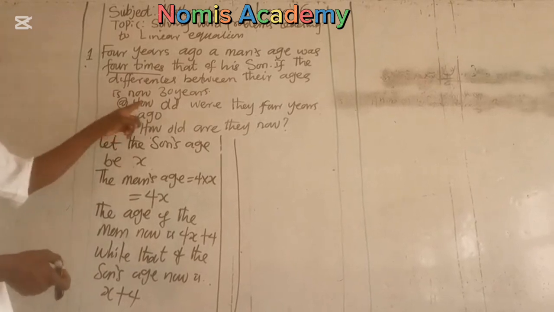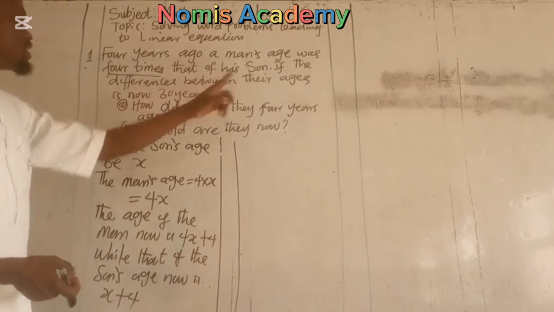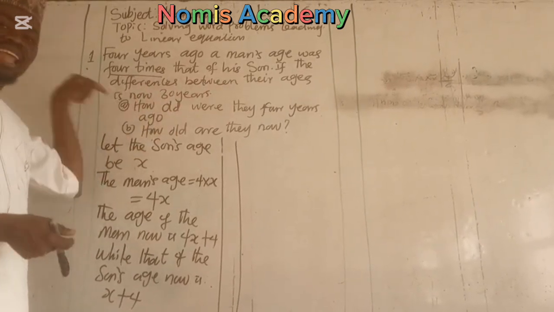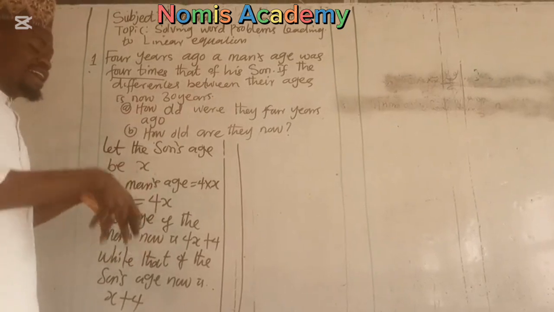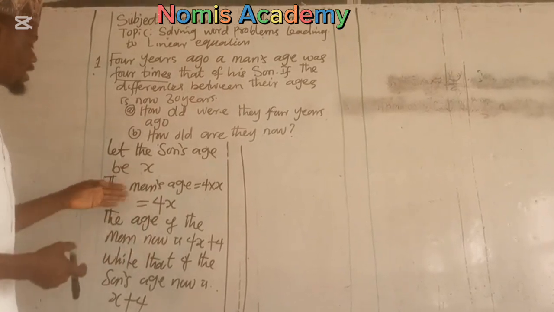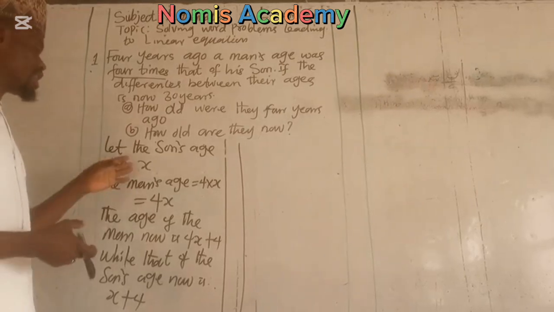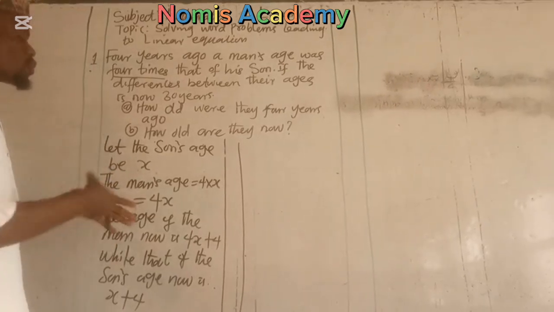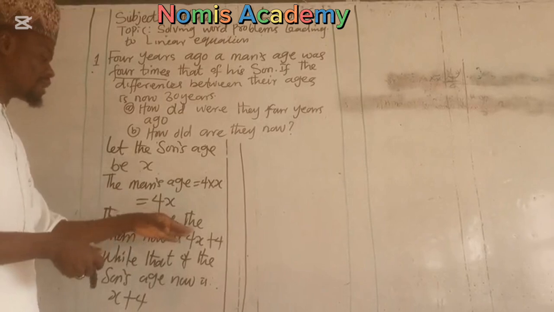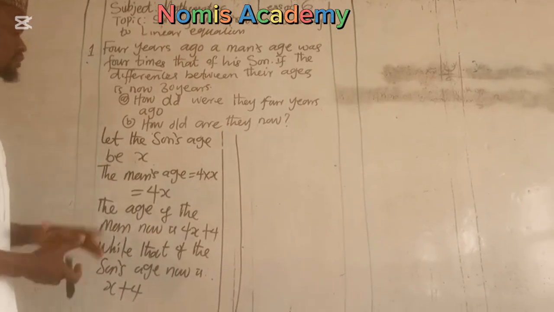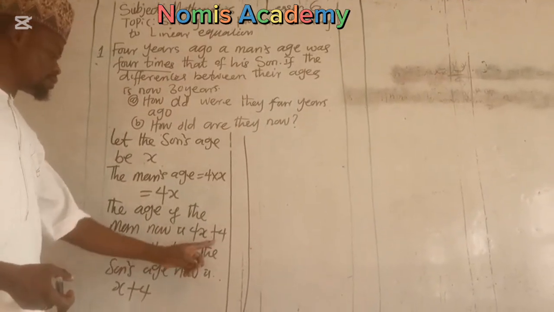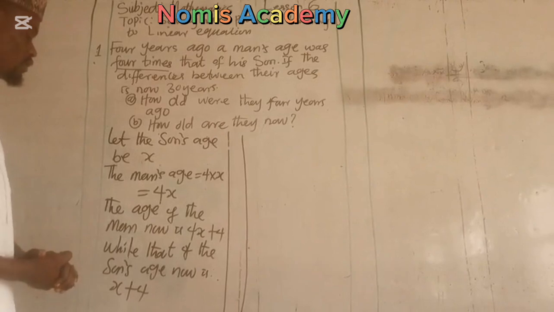Because the question says now, we have to consider their ages now. We were supposed to use S and 4S before, but that is their age 4 years ago. If we want their ages now, you have to add 4 years to their ages. That is how I come about 4S plus 4 and S plus 4.